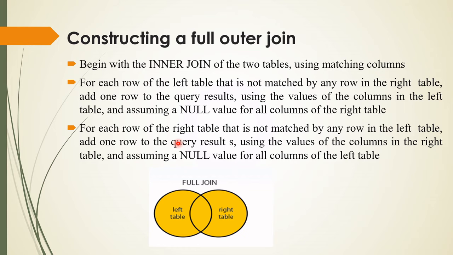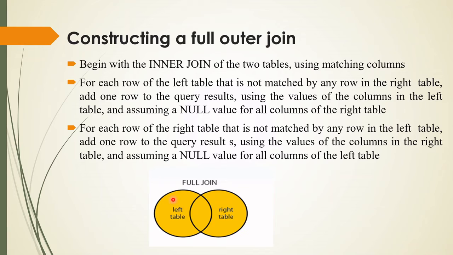So first is the full outer join, beginning with the inner join of the two tables using matching columns. For each row of the left table that is not matched by any row in the right table, add one row to the query result using the values of the columns in the left table and assuming a null value for the columns of the right table.